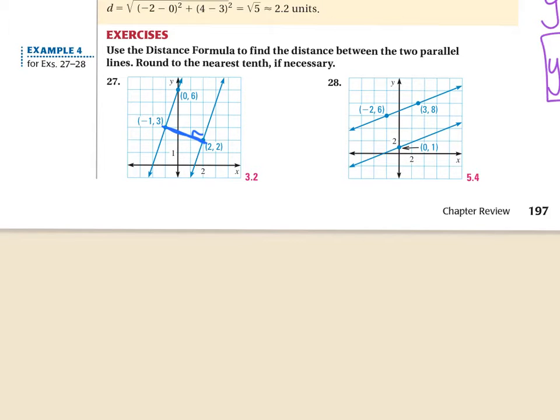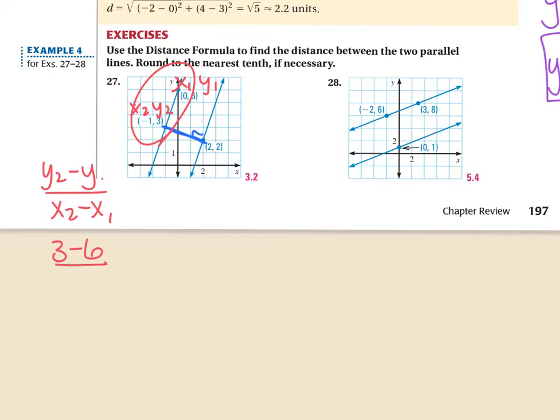To confirm that, I would find the slope of this line using y2 minus y1 over x2 minus x1. So I can use these as my 1s and these as my 2s, although it doesn't matter. 3 minus 6, negative 1 minus 0, which is negative 3 over negative 1, which is 3.